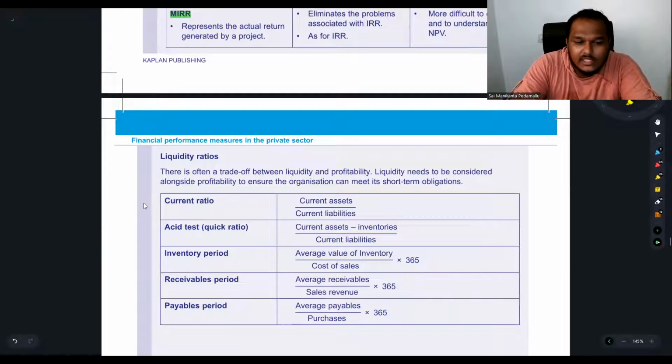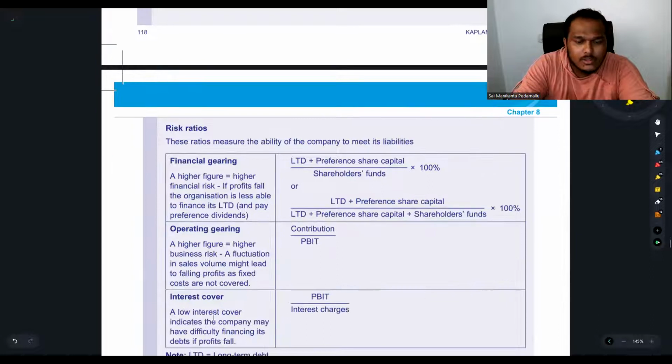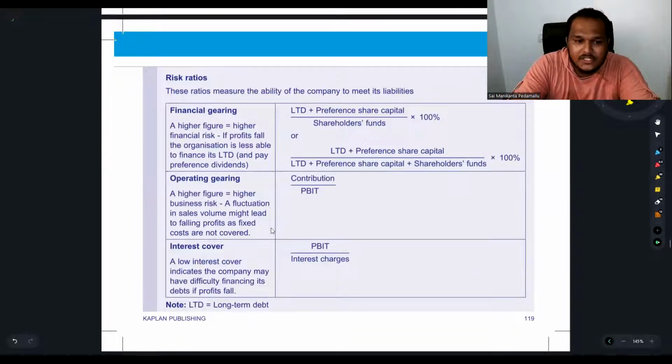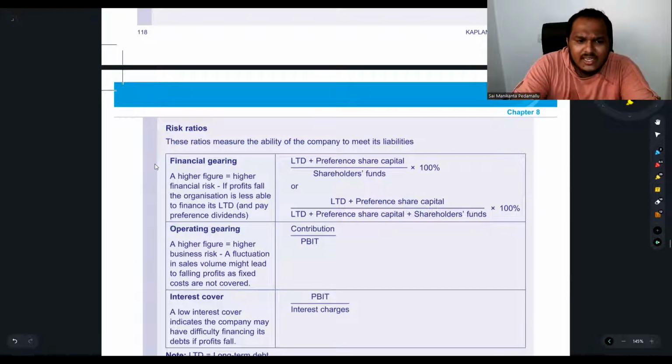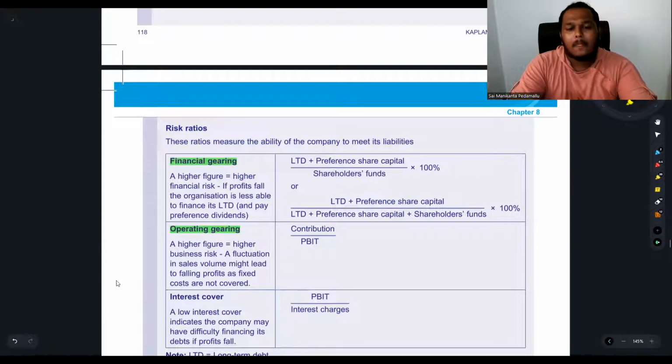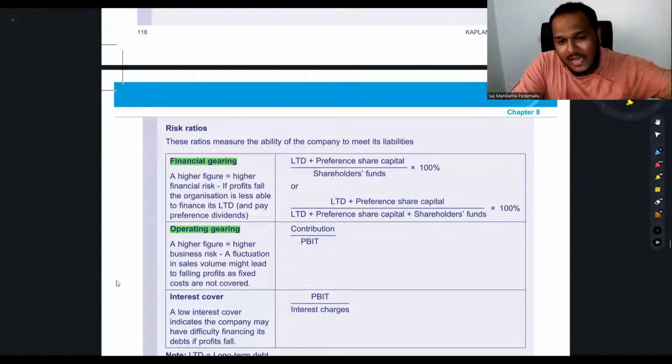Then you have your liquidity ratios, current, asset test, inventory, receivables, payables, very common things. I'm not going through the ratios. Financial gearing ratio, operational gearing. I believe someone had doubt on operational gearing and financial gearing. Last time I spoke, Vivek also asked me operational gearing, right? Yeah. Okay. So talking about financial gearing.